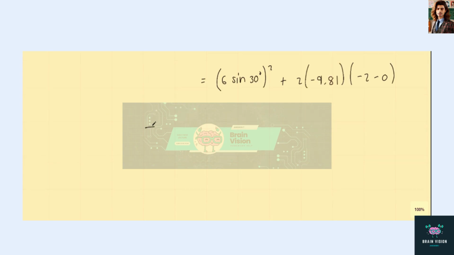And so if we take the square root of all this, we get vBy to be 6.9455 meters per second, and this is negative, so this is downwards.